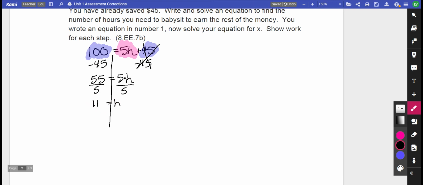I want to actually write the explanation in here. Find the number of hours you need to babysit to earn the rest of the money. You have to babysit for 11 hours.